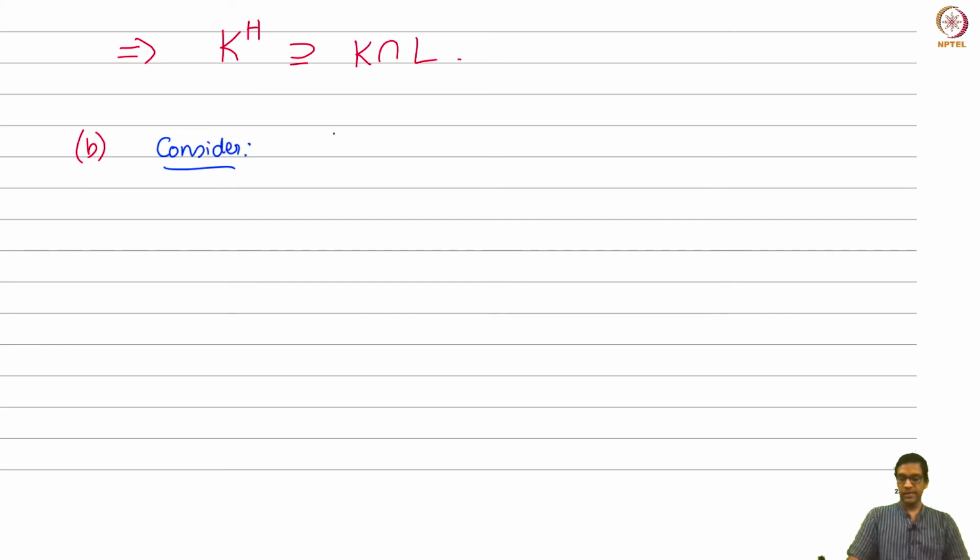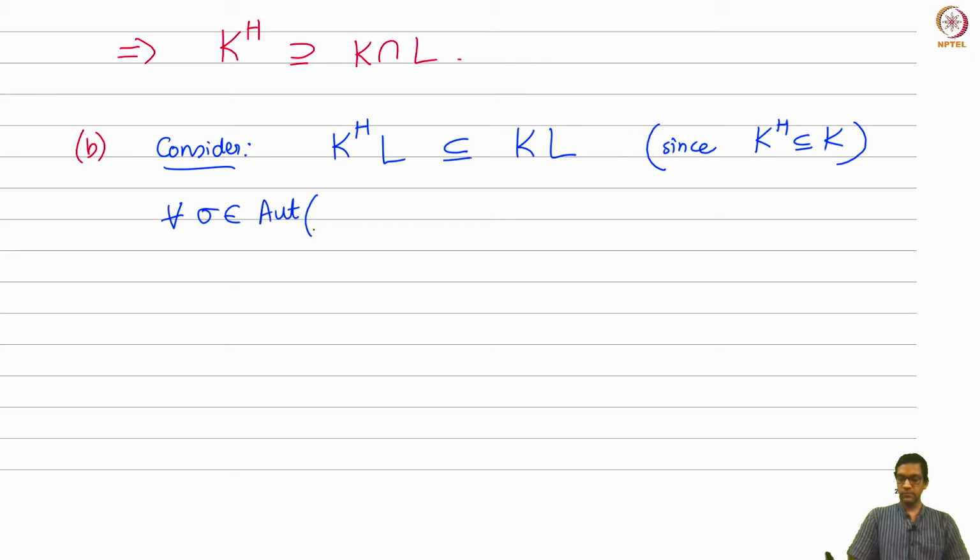Let's do something slightly non-obvious. Let's look at K^H. It is some subfield of K. Therefore K^H L is some subfield of KL, since K^H is some subfield of K. Now let's take all elements sigma of the big Galois group.